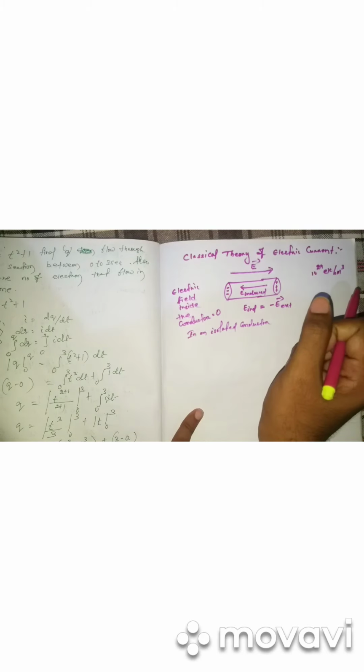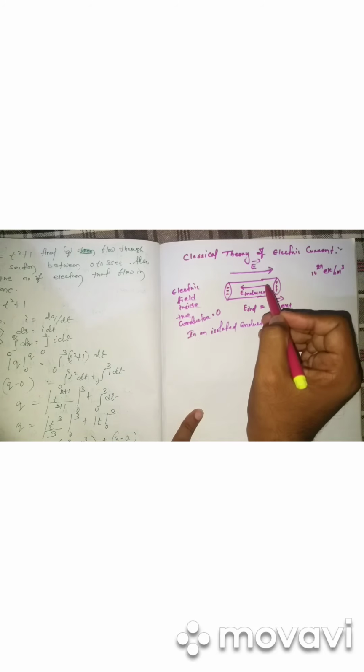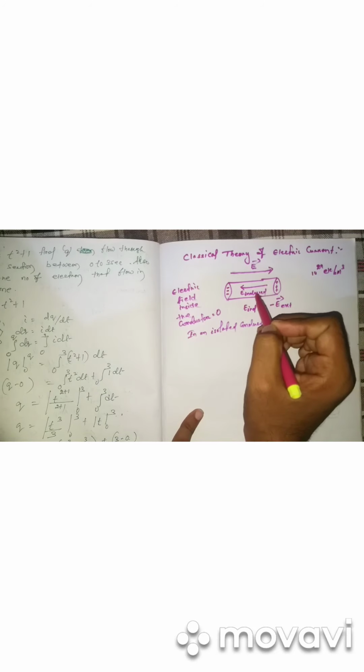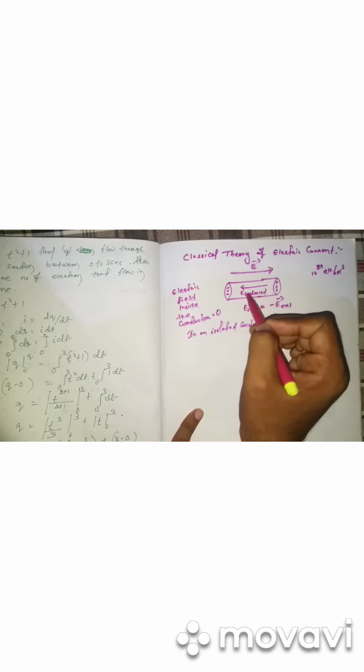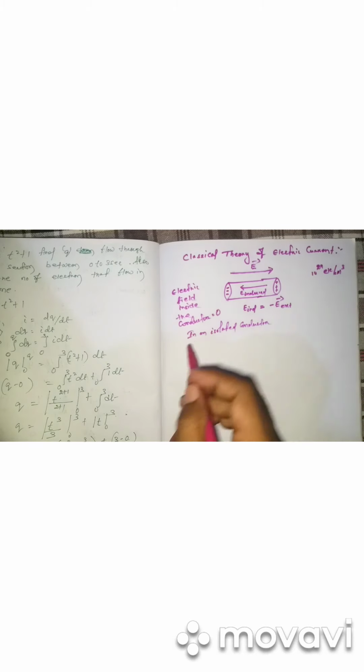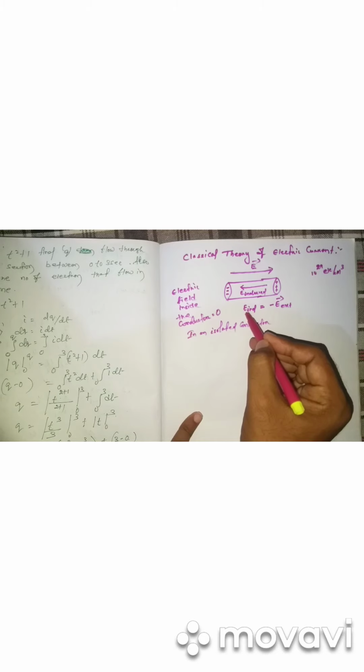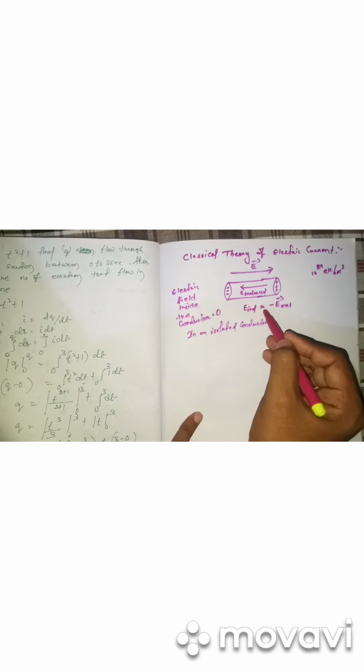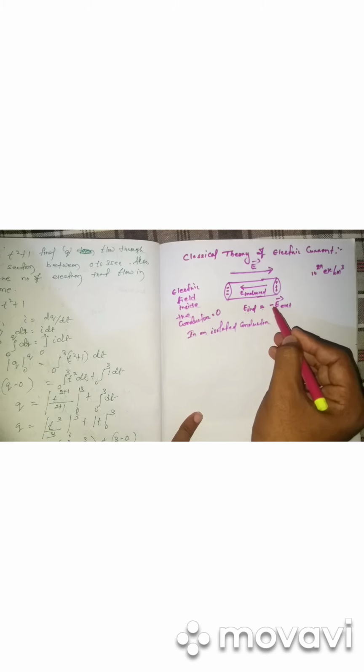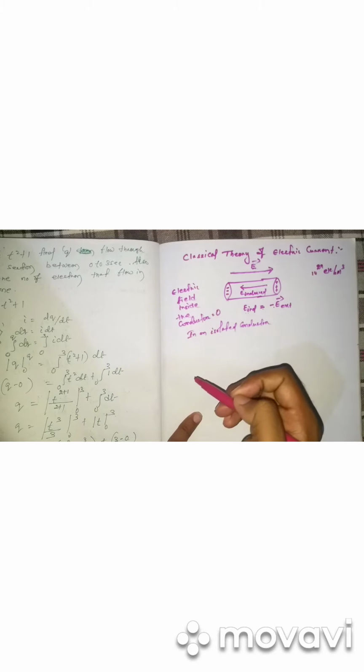That's why the conductor generates an induced electric field inside it due to the external electric field. Therefore the electric field induced by the conductor is equal to the negative of the external electric field.